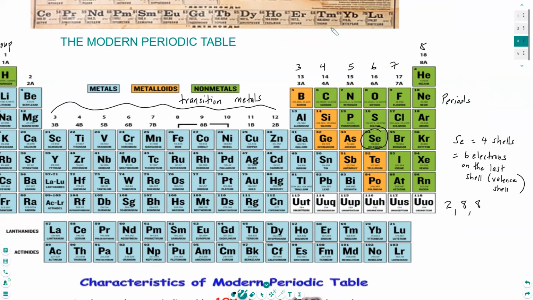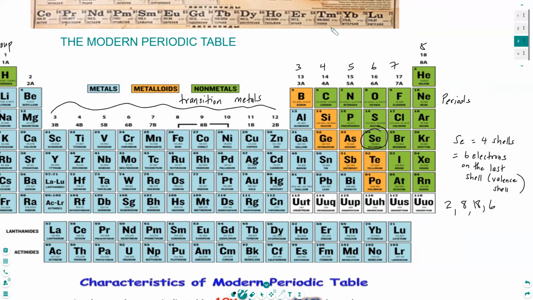In this case, it actually does have 18, but most times we say that the third shell can hold 8 and the last one has 6 because it is in group 6. So this would be the configuration of selenium. Normally they don't give you these big elements, but as we can see, we were able to predict this just by looking at the position of selenium.